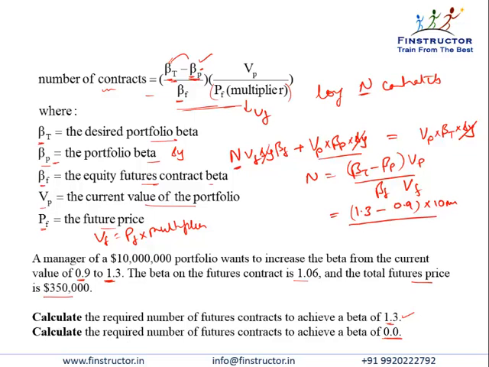The value of one futures contract is 0.35 million and the beta of the futures is 1.06. So N comes out to be 10.7, or approximately 11 contracts that will need to be longed. Please note this N was on the assumption that we are longing N contracts.